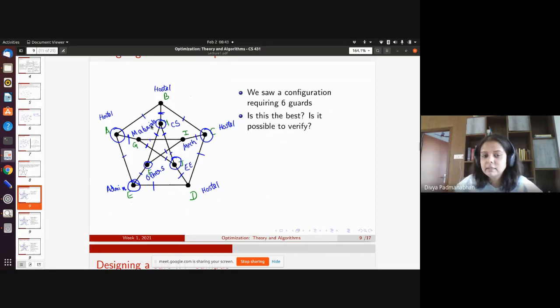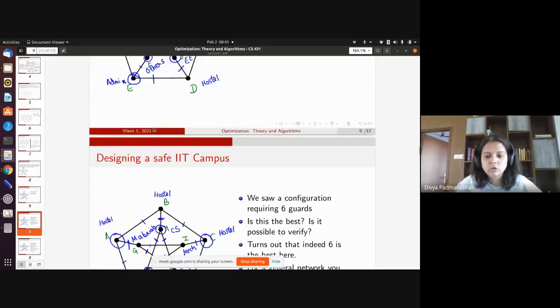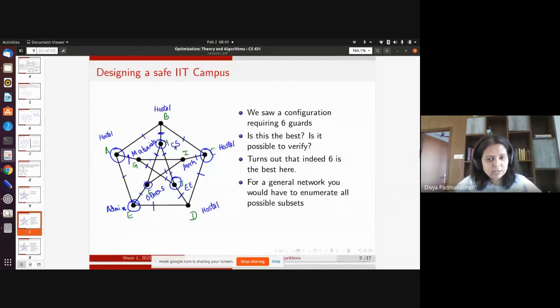So in this case, it turns out one way is you can possibly enumerate all the solutions. Okay, so six was the best here. You have to take it because I'm just telling you that six is the best. It's a known result. But the way you do that is you enumerate all possible sets.